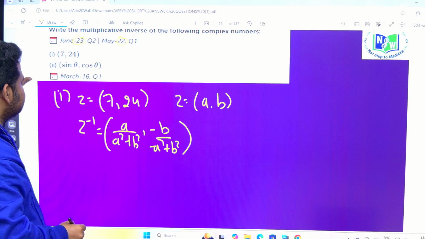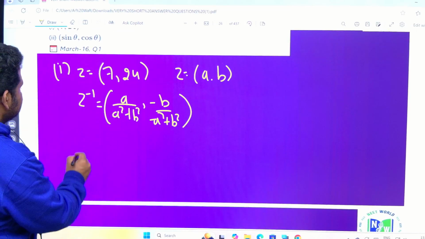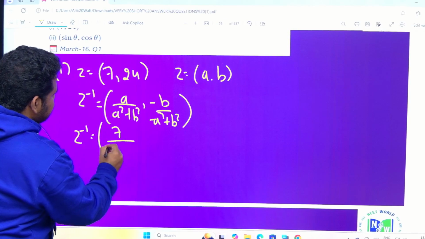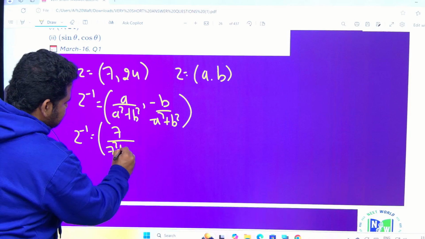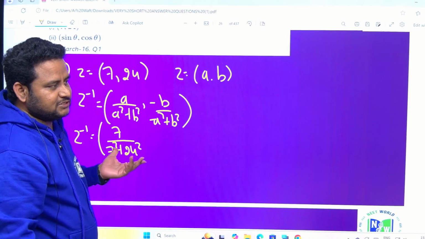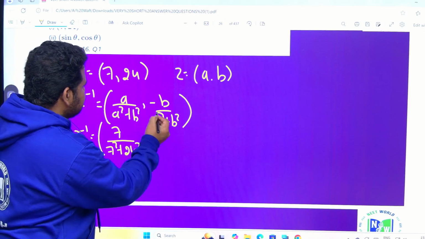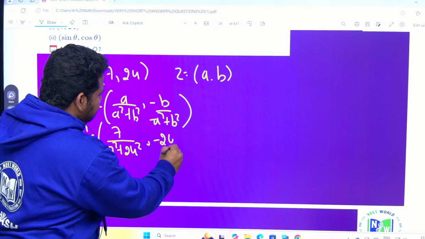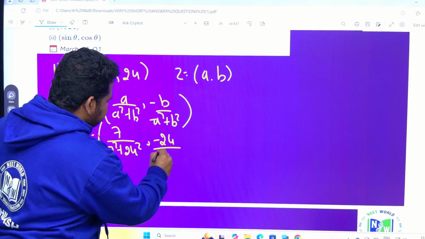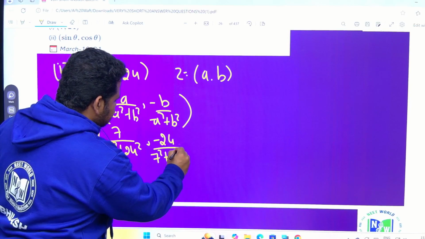So, friends, what is the value of z inverse here? So, z inverse will be (a by a square plus b square, that is 7 by 7 square plus 24 square, comma minus b by 7 square plus 24 square, that is minus 24 by 7 square plus 24 square).